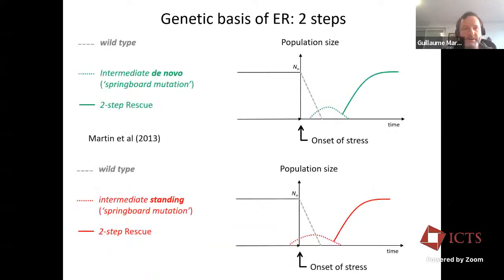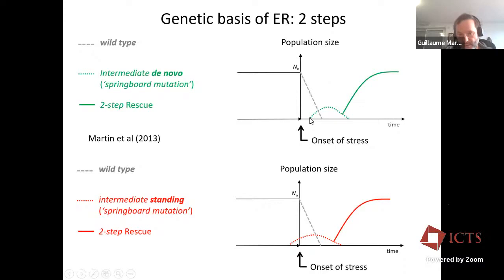Now, another thing can happen: rescue can happen in two steps. What does it mean to be in two steps? It means you have a first mutant that will not make it to establish and rise to fixation, but this mutant secondarily produces one mutation, which is therefore two steps away from the wild type genetically. So there is a de novo two-step rescue.